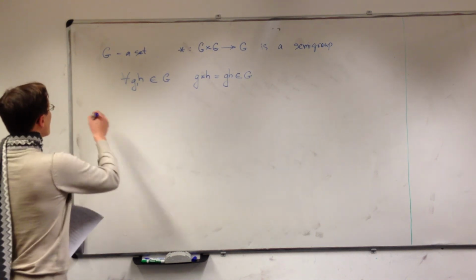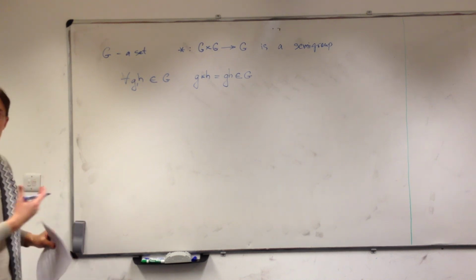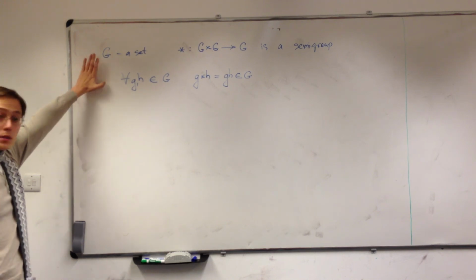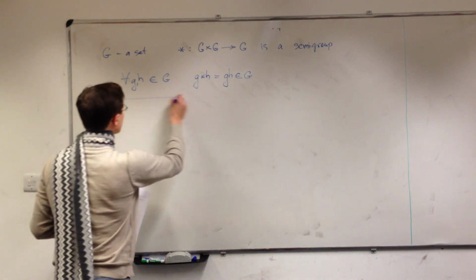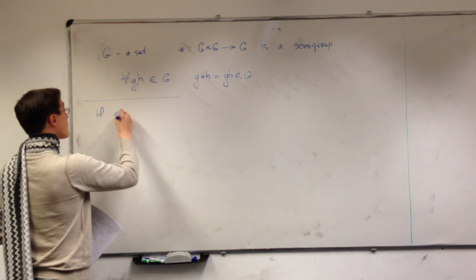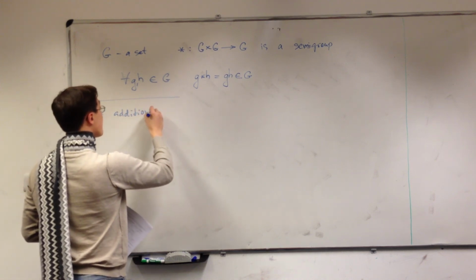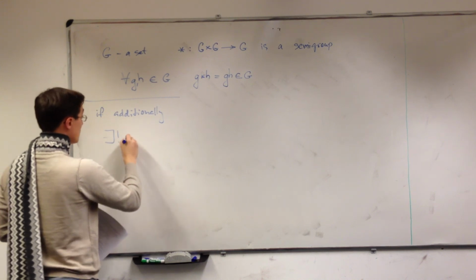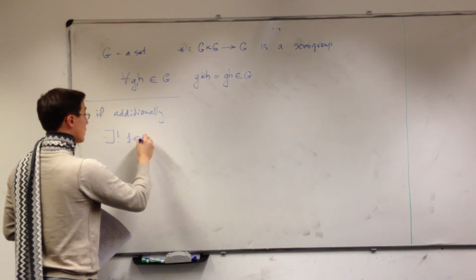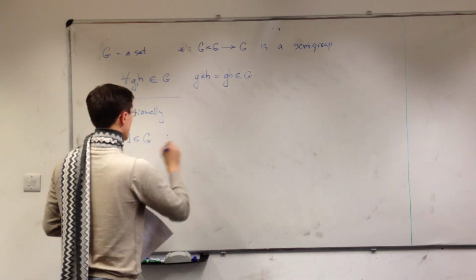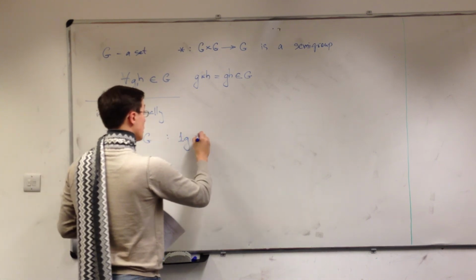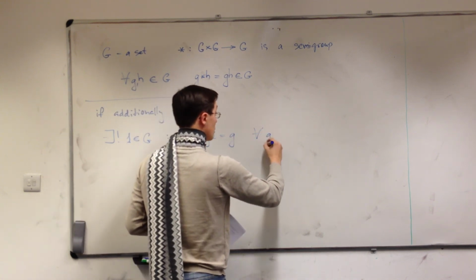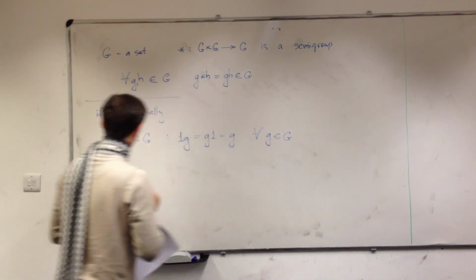Right. If we demand two extra properties, namely that there be a unique unit element on this set, so additionally there exists such a unique element, we call it a unit element 1, belonging to G, such that 1g equals g1 equals g for any element g belonging to the set.